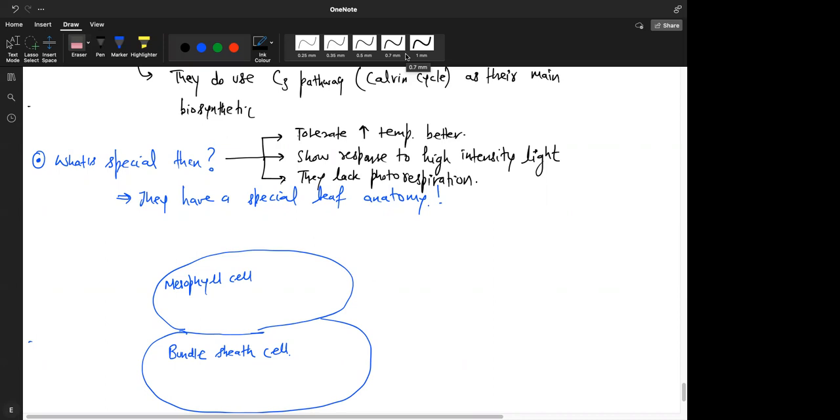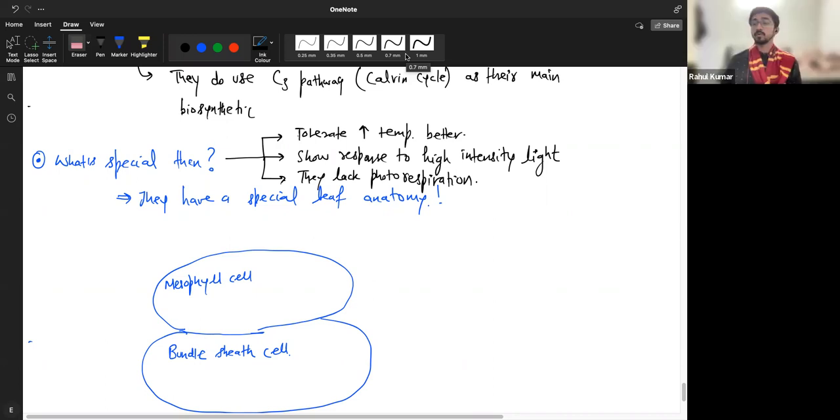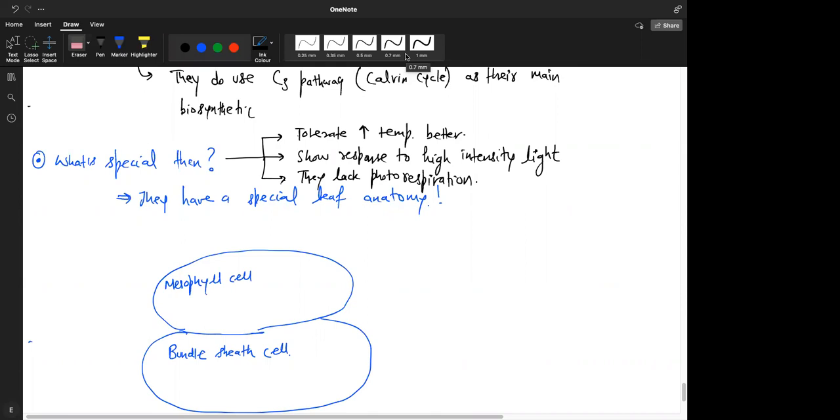Okay. Yes, Devangi. Sir, so what is broken down? Nothing is broken down. It's just like we cannot complete the Calvin pathway.